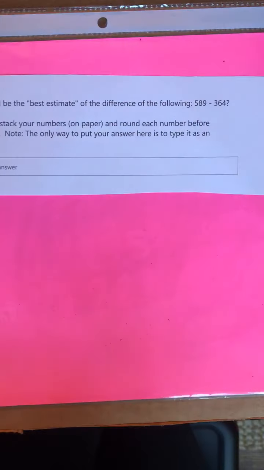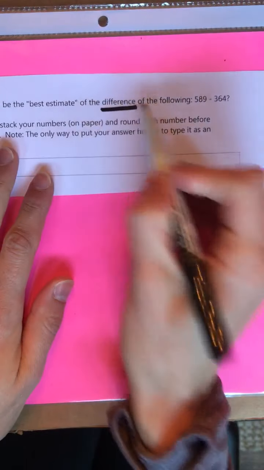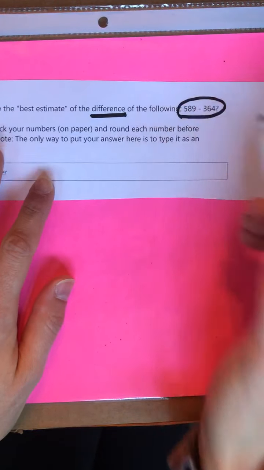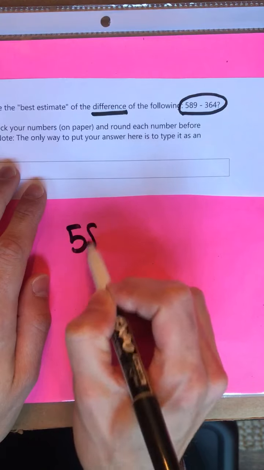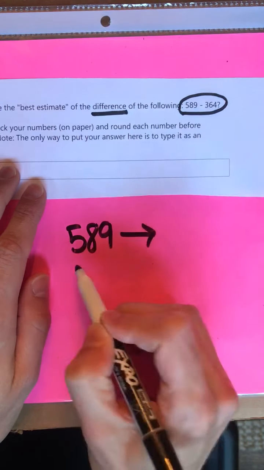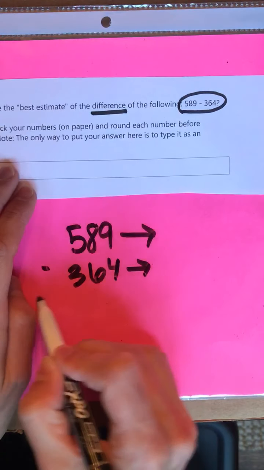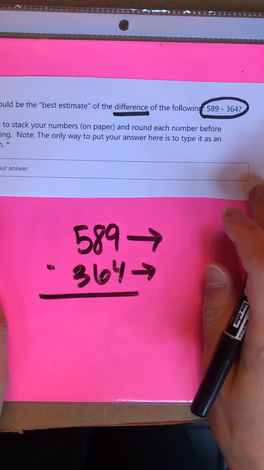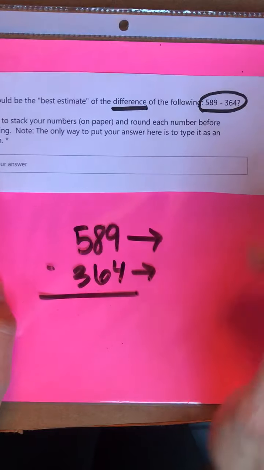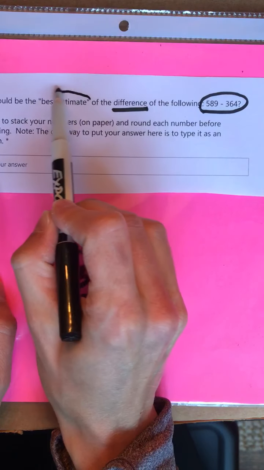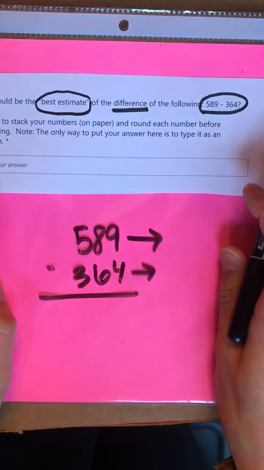You're going to estimate the difference, which means subtract, of 589 and 364. But here they don't tell you whether they want you to round to the nearest 10 or the nearest 100. They want you to choose the best estimate.